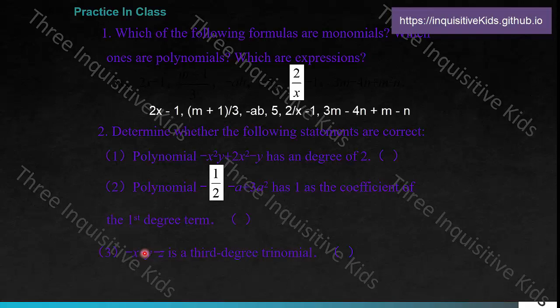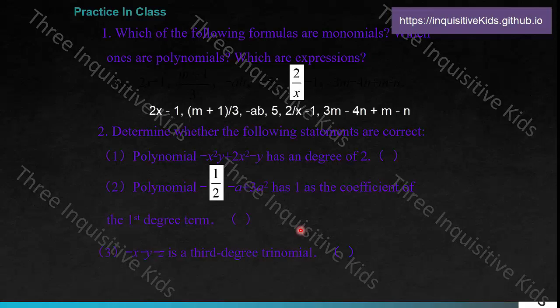Polynomial negative x squared y plus 2 minus y has a degree of 2. 2. Polynomial negative 1/2 minus a minus 3a squared has 1 as a coefficient of the first degree term. 3. Negative x minus negative x minus y minus z is a third degree trinomial.